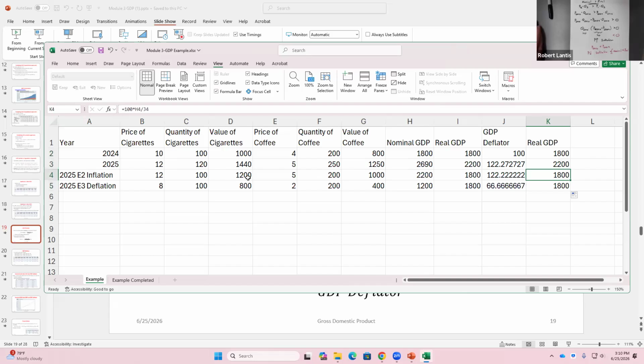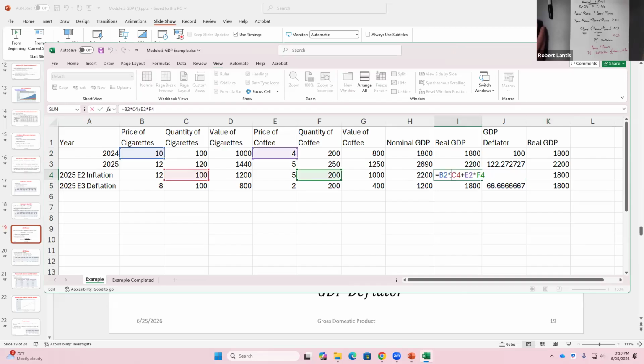Notice, in time periods where output was the same, my real GDP is once again the exact same as that base year. We get the same value as if we calculated real GDP using that method where we used old prices and the current quantities. The GDP deflator essentially does that for us.